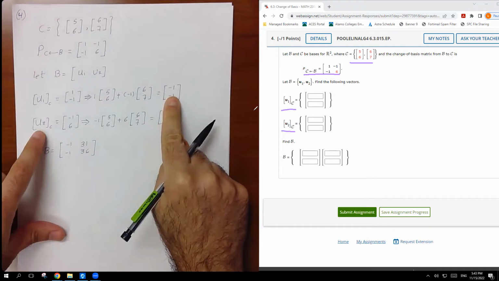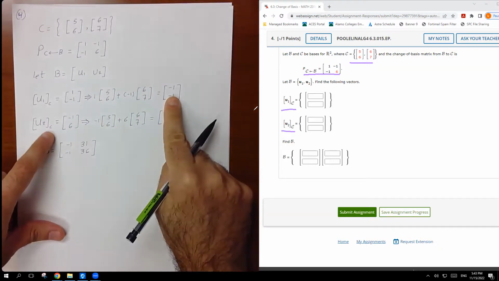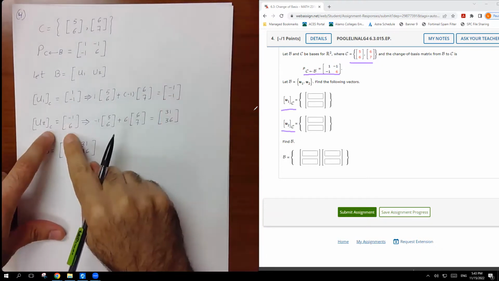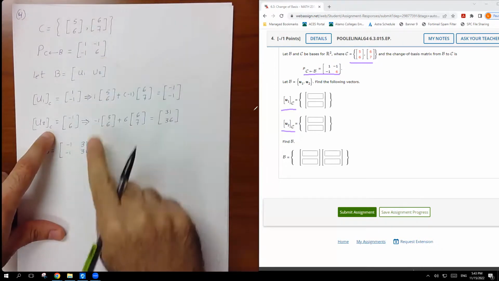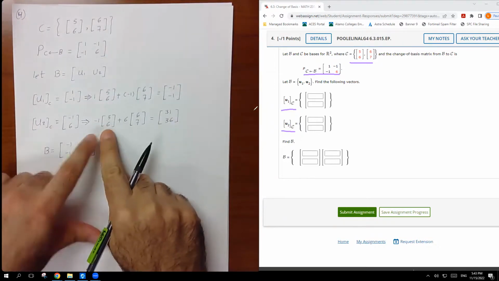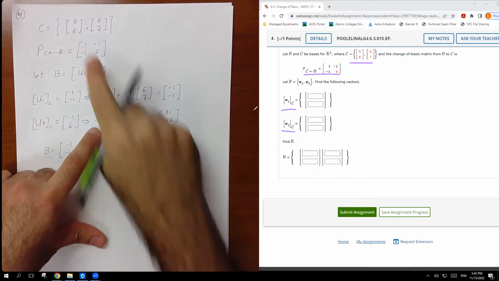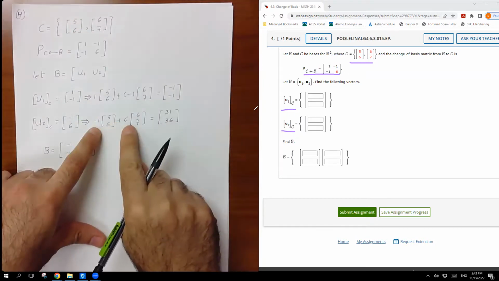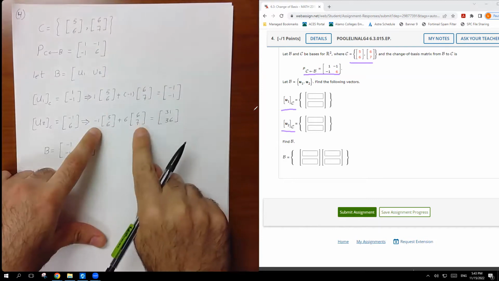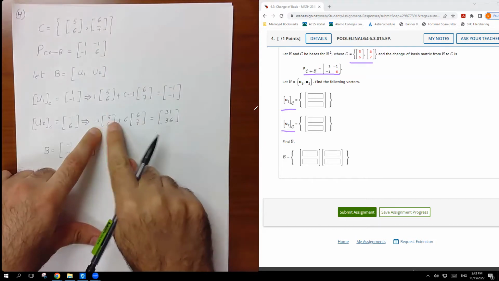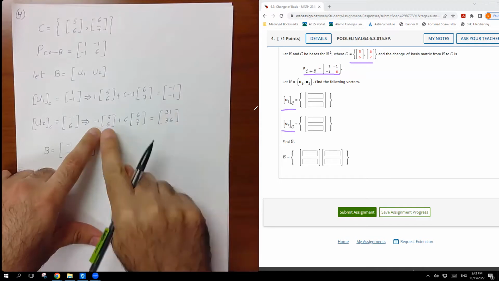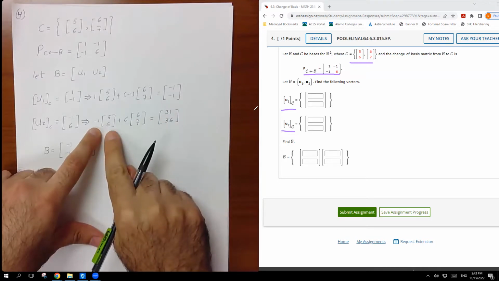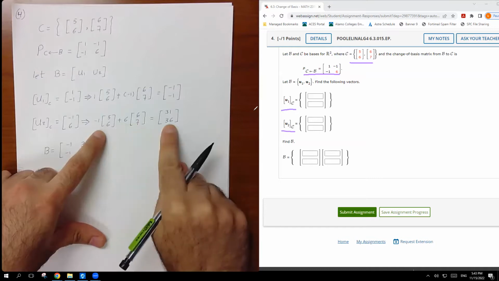Now, the coordinate vector U2 with the base C is going to be -1, 6. So it's going to be -1 times 5, 6 plus 6 times 6 and 7. So it's going to be -5 plus 36, which is 31, and -6 plus 42 is going to be 36.